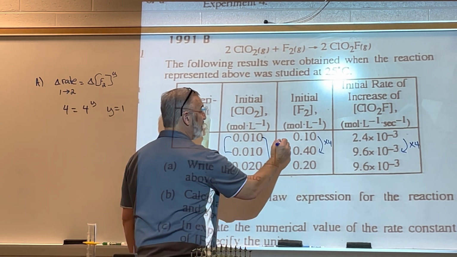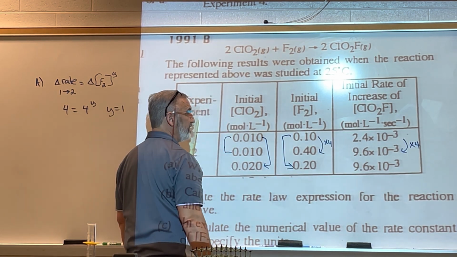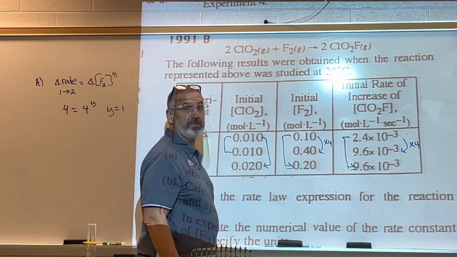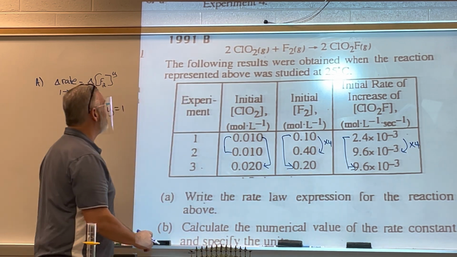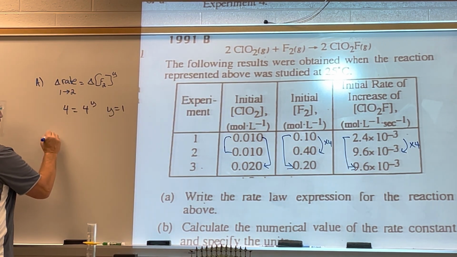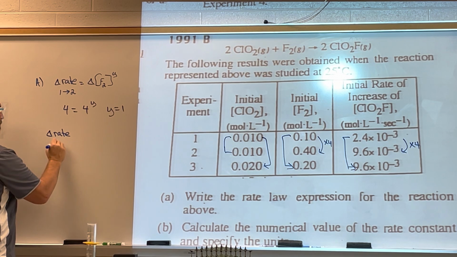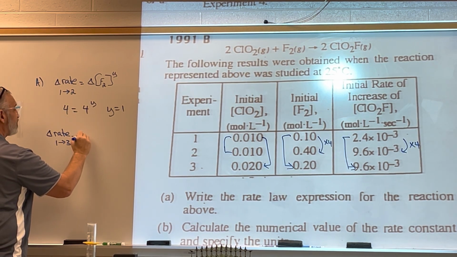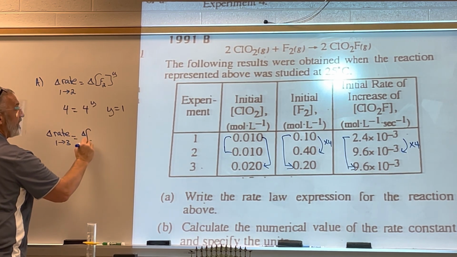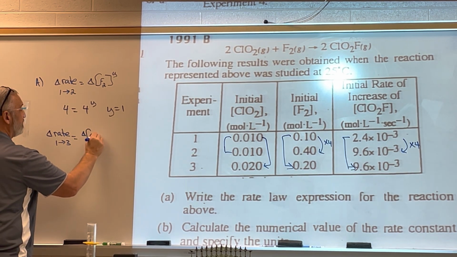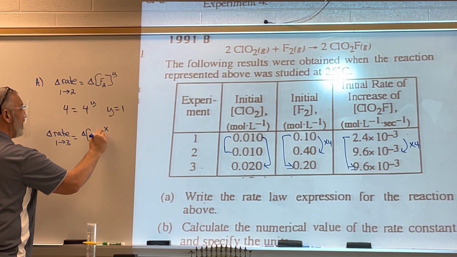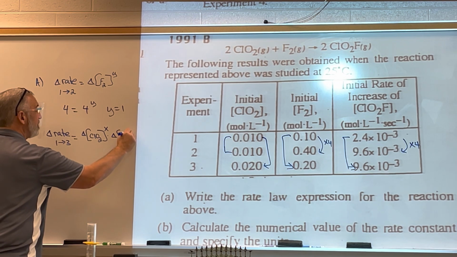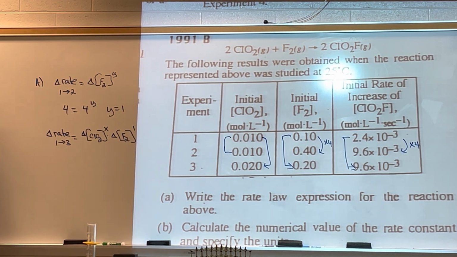And I can compare 1 to 3 here, and I compare 1 to 3 here. So I can now say that my change in rate from 1 to 3 is equal to the change in concentration of ClO2 to some power x times the change in concentration of F2, but now we know that that's to the first.